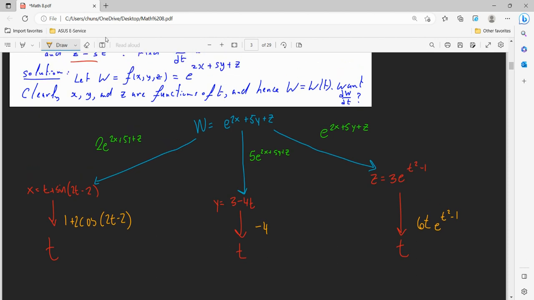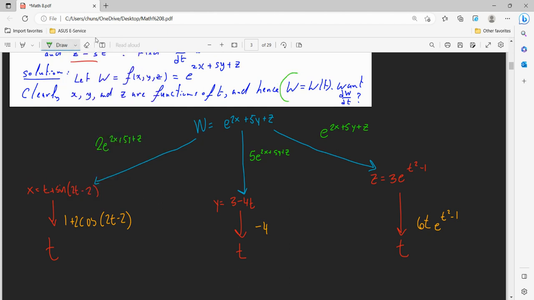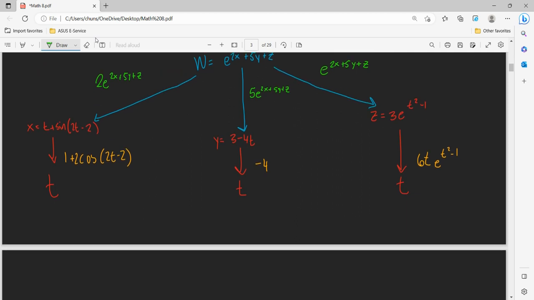So now we want to find what our value for w as a function of t is. So that's the complete sum of our dw over dt. So that means looking at what is in our green and our yellow.